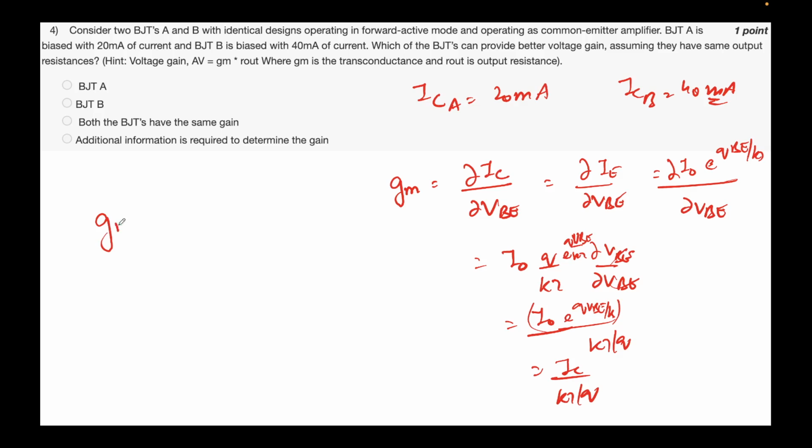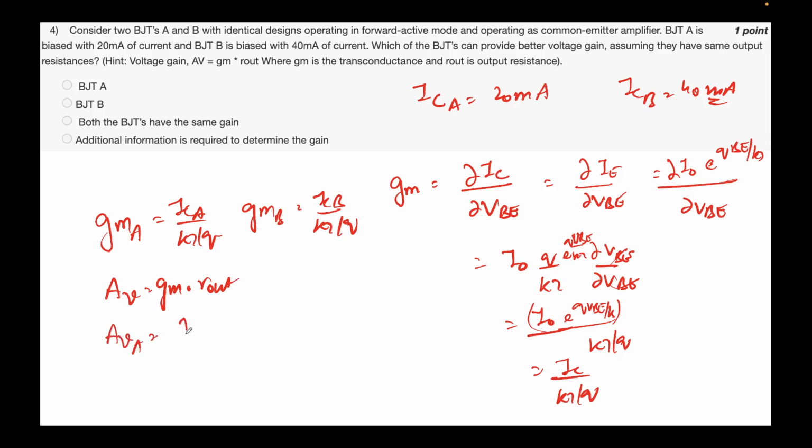So GMA will be ICA over KT by q, and GMB will be ICB over KT by q, and as we know, AV, the voltage gain, is GM times R out. So AVA will be ICA over KT by q times R out, and AVB will be ICB over KT by q times R out. Sorry, this is AVB, not ICB.